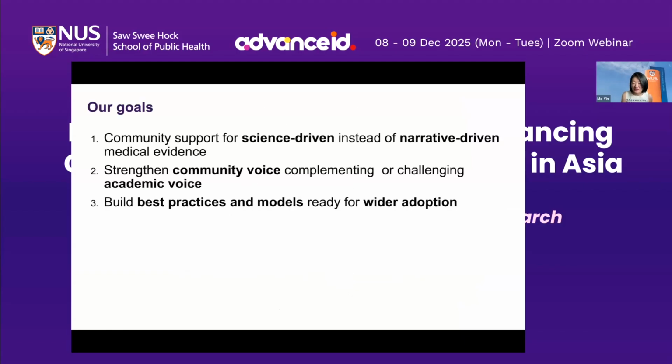So the 3 goals we want to strive towards for this project is that we want the community support for a science-driven kind of clinical trials and dissemination of our scientific message instead of having a narrative-driven medical evidence.